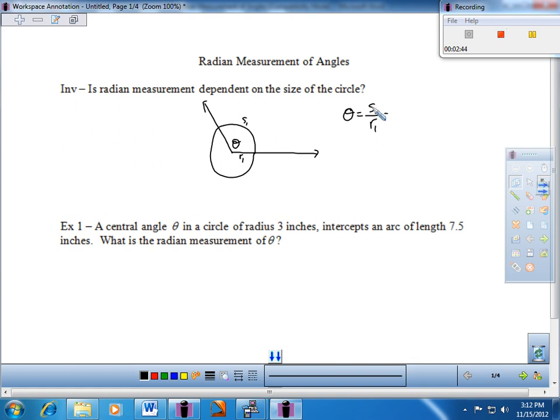So take your S value and divide it by your R value. And then just kind of put it right in there. That'll just be our first answer. And that should be the measurement of your angle, S divided by R.